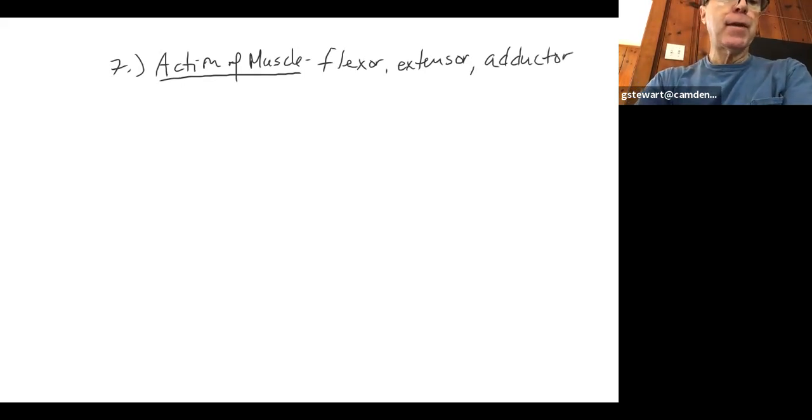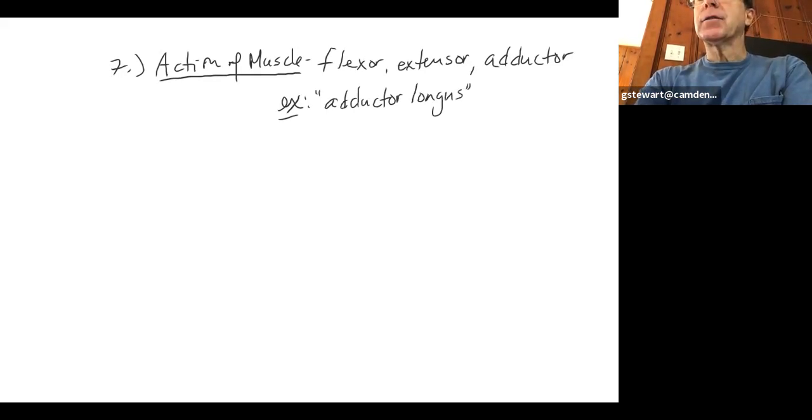Classic examples of this, a muscle called the adductor longus, that's found in the leg, and that adducts. It's a long muscle, that's where that name comes from, and the action of adduction is in the name itself.